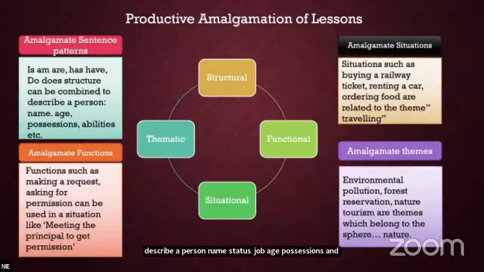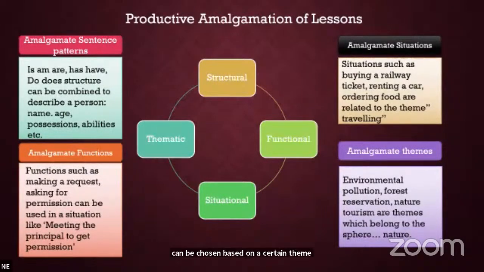Lessons on language functions can be integrated so that they all could be used in a certain situation. For example, making requests, asking for permission, etc. Those functions can be used together to discuss a situation such as meeting the principal for getting permission to hold a cricket match with a nearby school. If the lessons are based on situations, the situations can be chosen based on a certain theme.